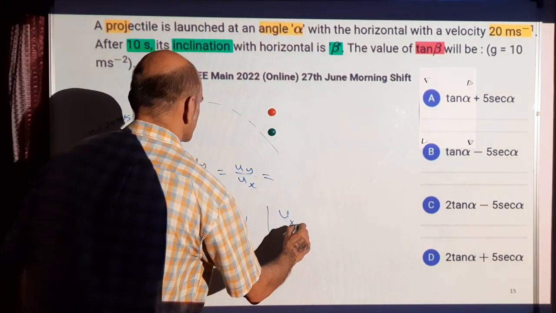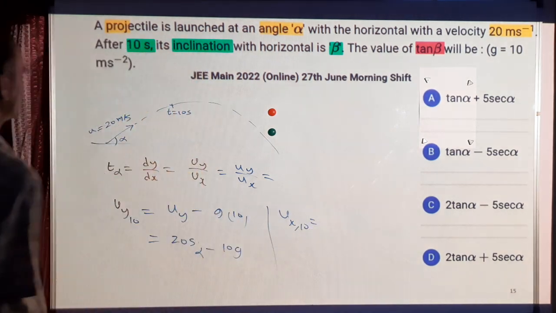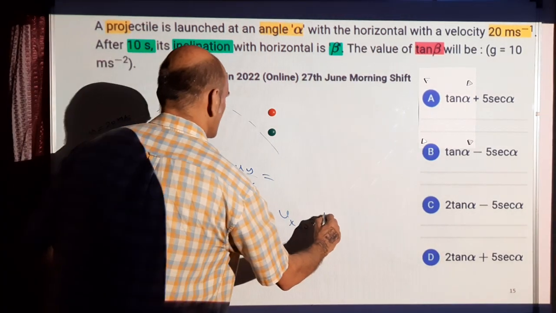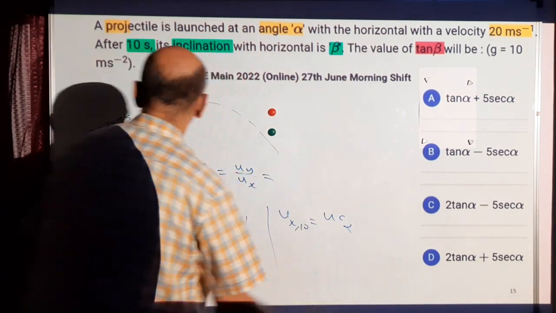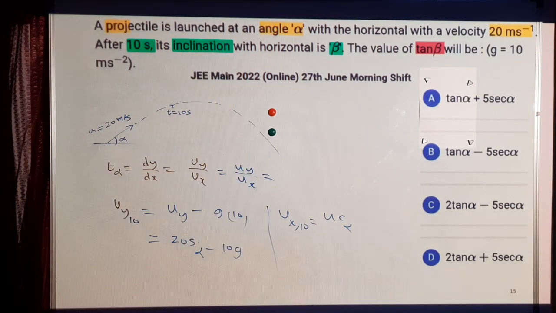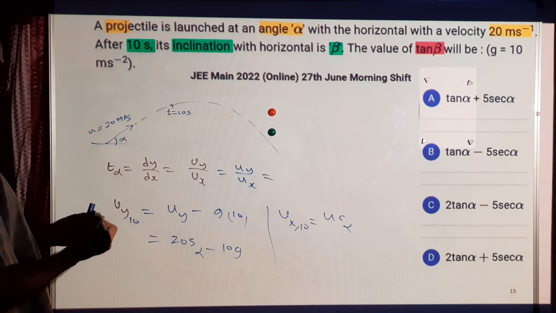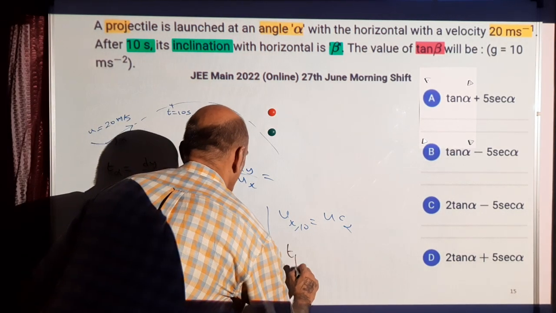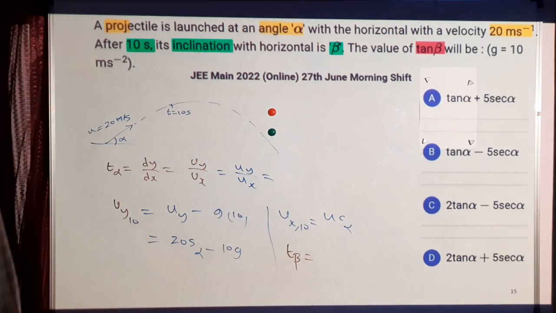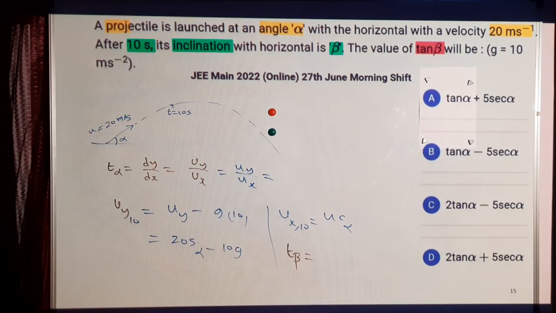But the horizontal component of the velocity at 10 seconds is the same as initial, u cos alpha, which is 20 cos alpha. So tan beta is vy by vx at time t equal to 10 seconds.